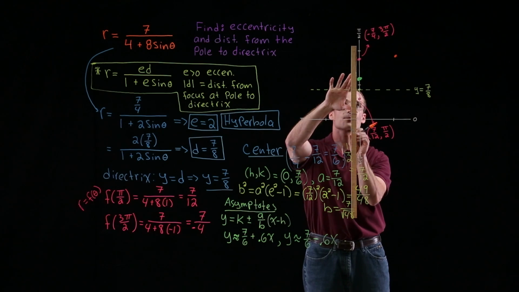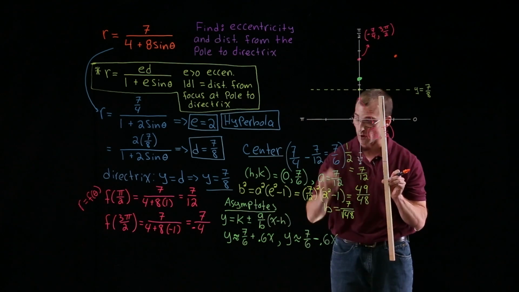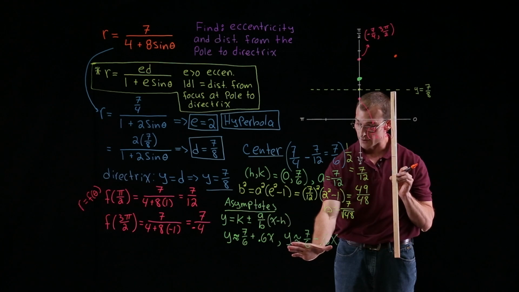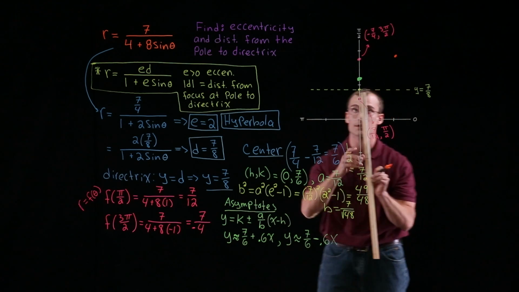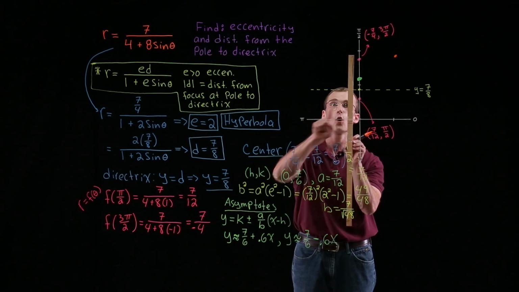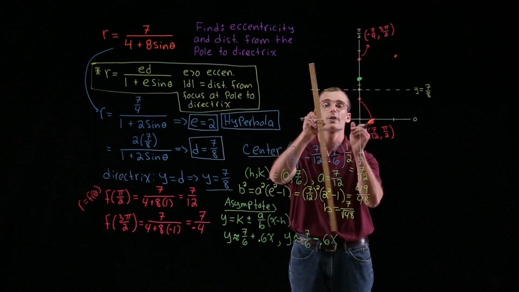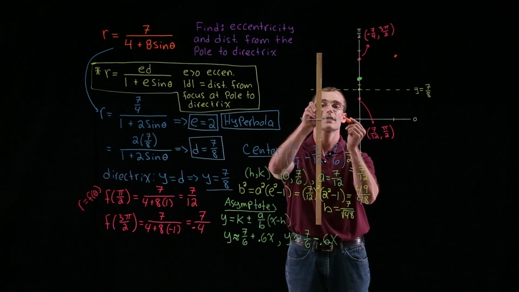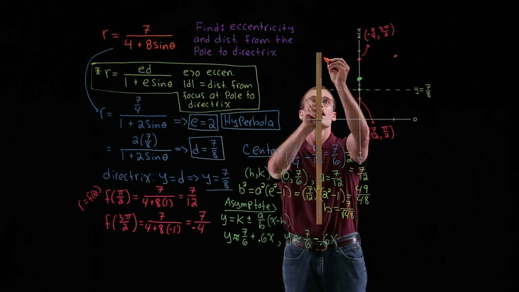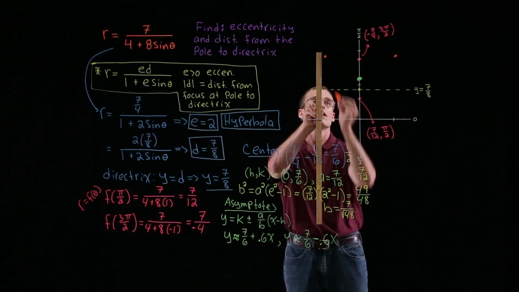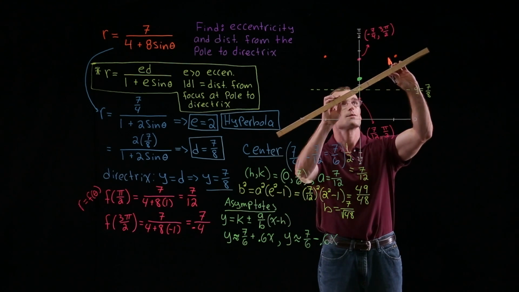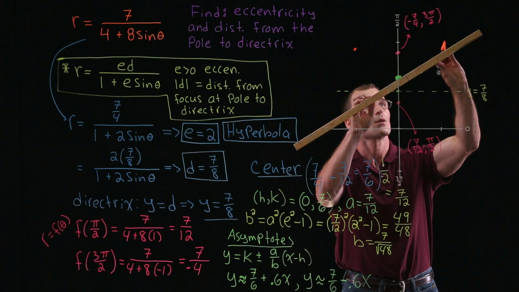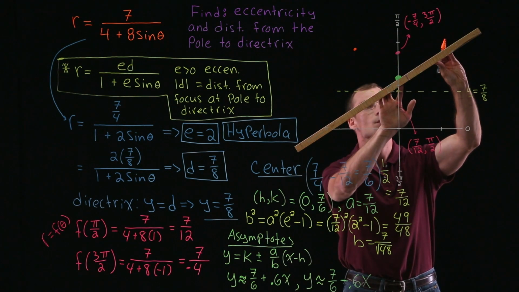So I have a point there. We'll mark the point while we're at it. For our second asymptote, we have slope negative 0.6, so we'd be going over to the left, up 0.6. Okay, so our two asymptotes go through two points, the center and the ones we just plotted.